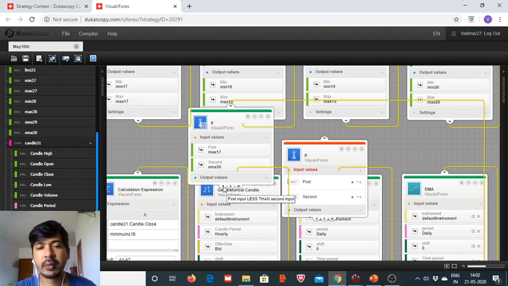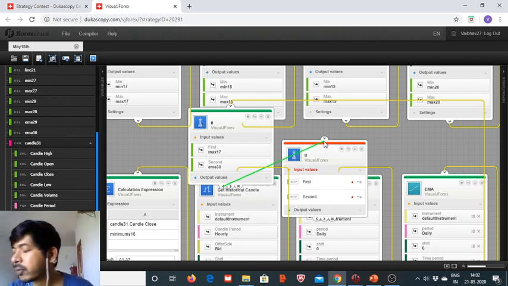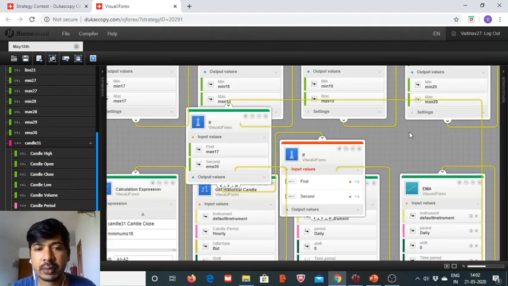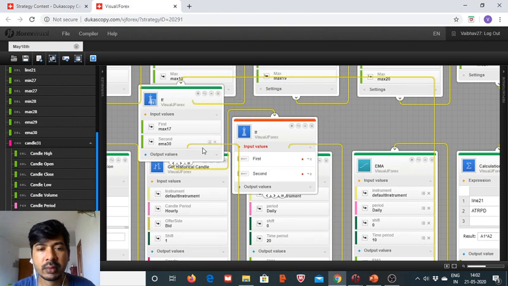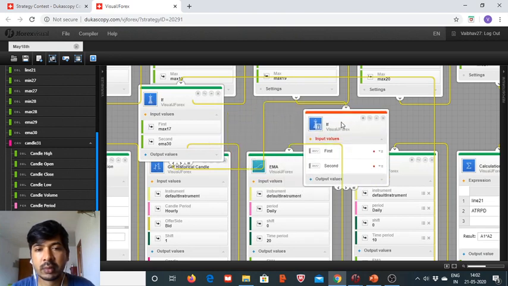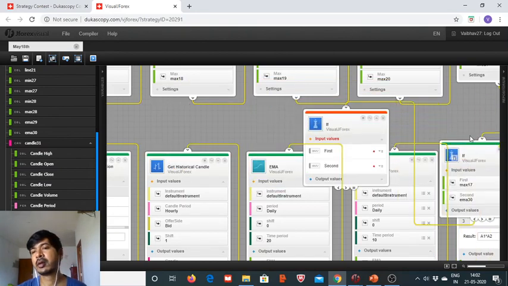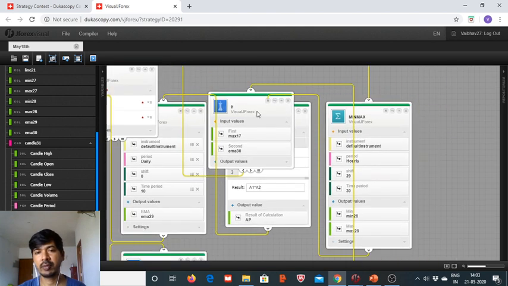It should be less than the second input. Maxima 17 is less than the EMA 30. So most of the conditions have been defined.